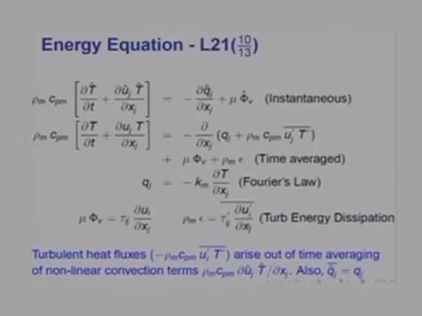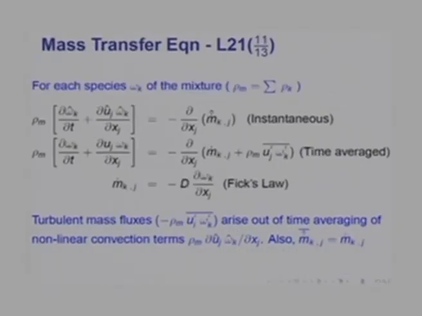Usually it is very, very small compared to all other terms in the energy equation, but later we will find that that term plays a significant role in kinetic energy balance, but in thermal energy balance it is usually very, very small. The same thing would hold even for the mass transfer equation, and again you will have a turbulent mass flux with a negative sign, exactly the same way as we did for the scalar temperature.